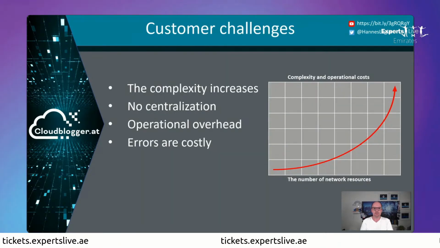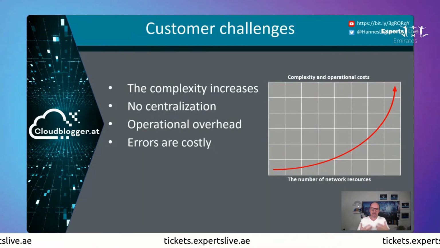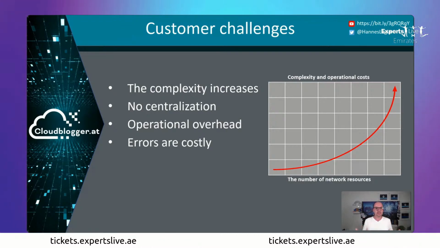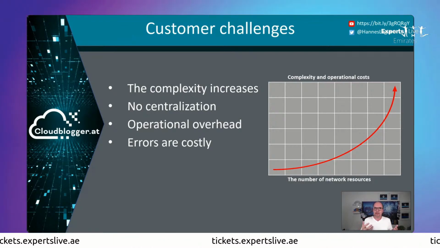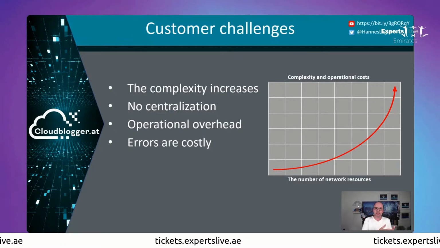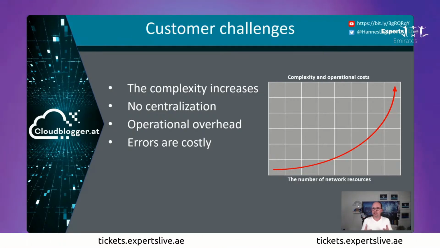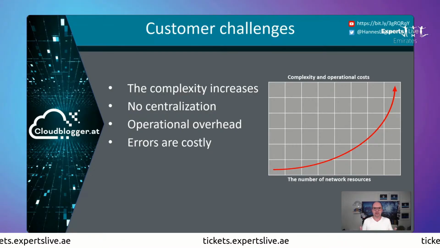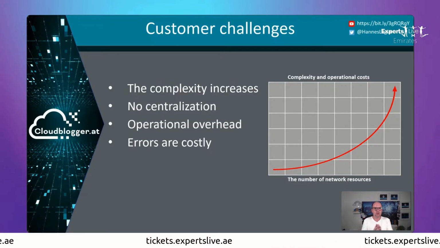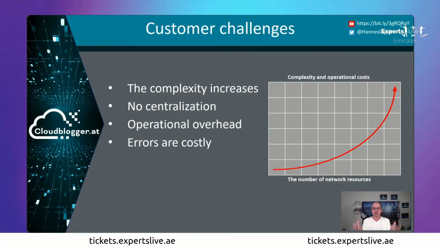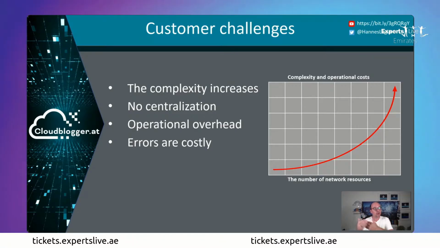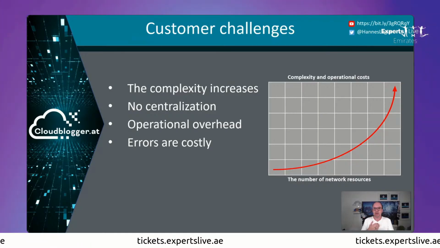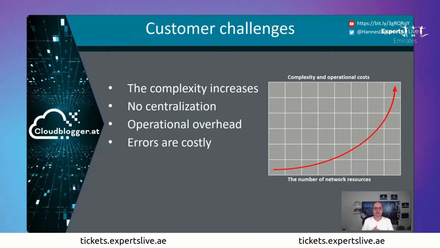The customer challenge that we have seen in the past is that the complexity increases a lot. The second problem is no centralization, which means you don't have a single point of overview about your architecture, your environment, and your configuration. If you want to increase the architecture, you have an operational overhead.